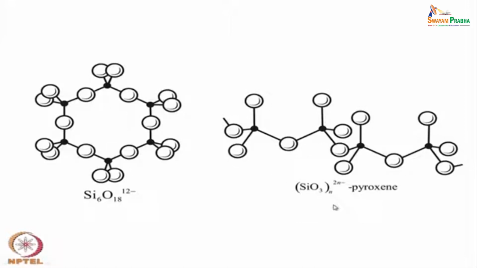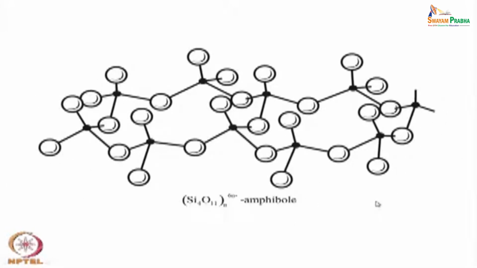So, you can have SiO3, depending on the number of such units, you can have N, and the total negative charge will be 2N minus, and this particular kind of structure is known as pyroxene structures or pyroxene silicates.